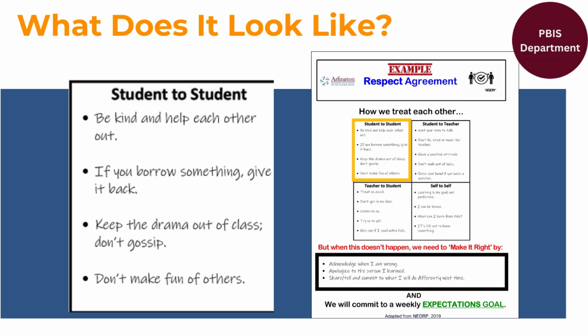It will be different based on grade level, age, and your environment. The reason this is important is because respect looks different for every student, so it's important that you get input from everyone in your class and create this as a community.